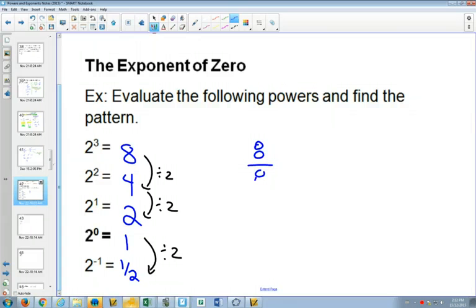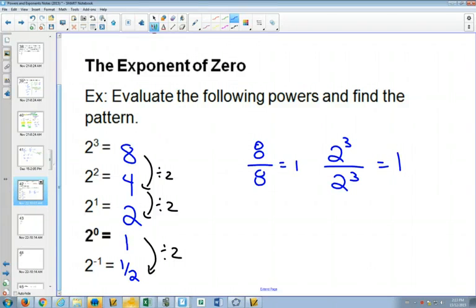What's 8 divided by 8? 1. What's another way that I could write 8? I could write it as 2 cubed divided by 2 cubed. So 2 cubed divided by 2 cubed is the same as 8 divided by 8, and it's still equal to 1. But now we're going to use our quotient rule.